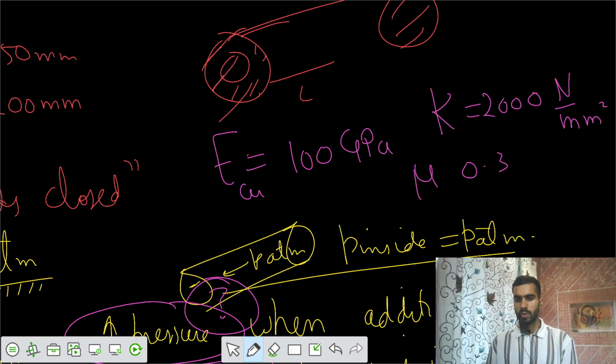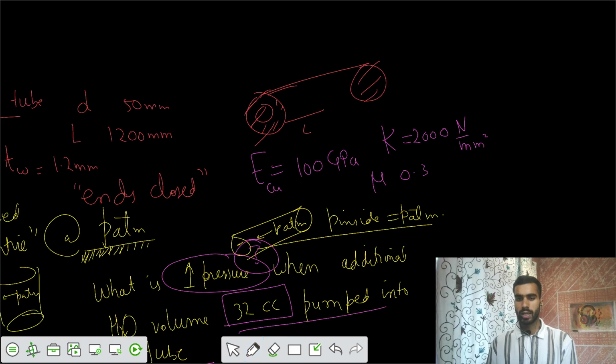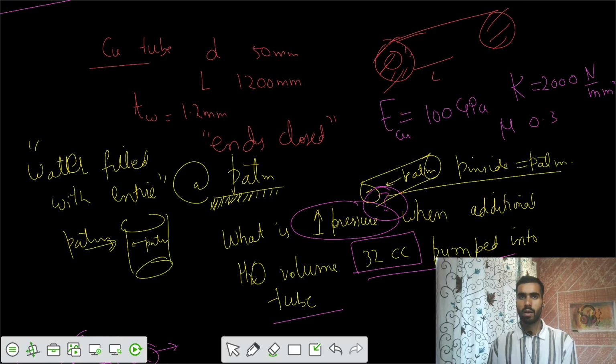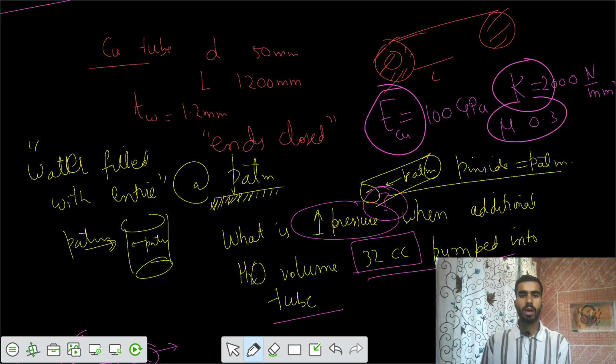So we have the thickness, diameter and length of the tube, and the material characteristics E, mu, K. We have all this data.